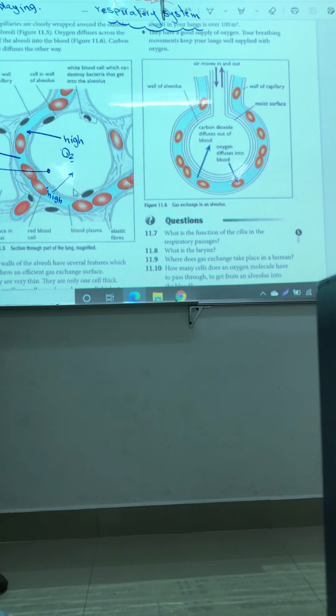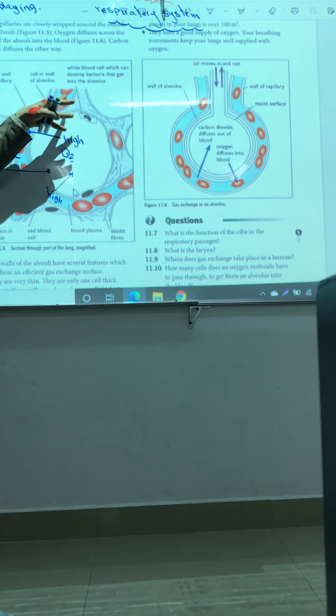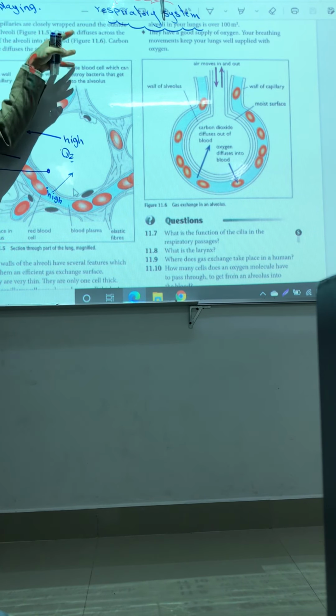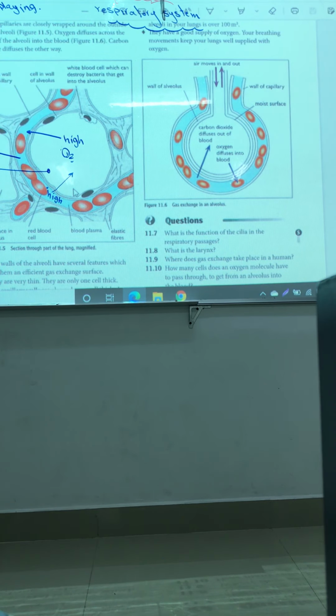And again, in the first part of this class, we should identify the structures of the respiratory system. And I have one question, this is a very important point: what's the difference between the gas exchange process and respiration? Many students make errors and can't distinguish the meaning of gas exchange and respiration. What is the meaning of gas exchange?